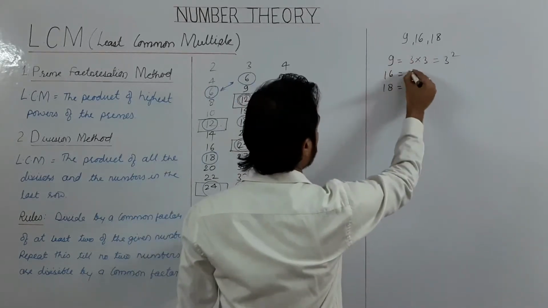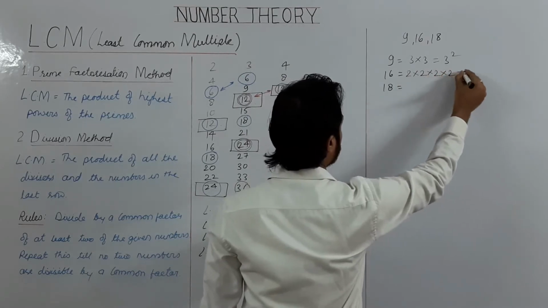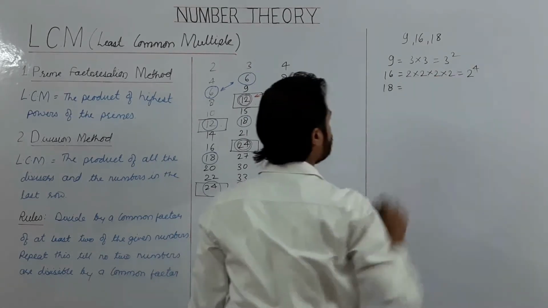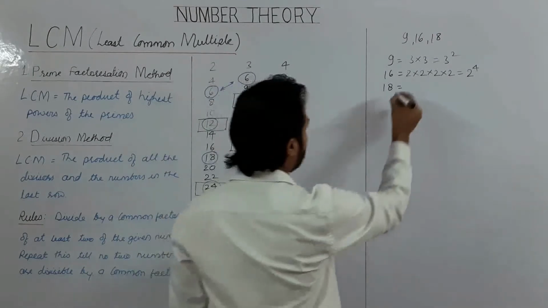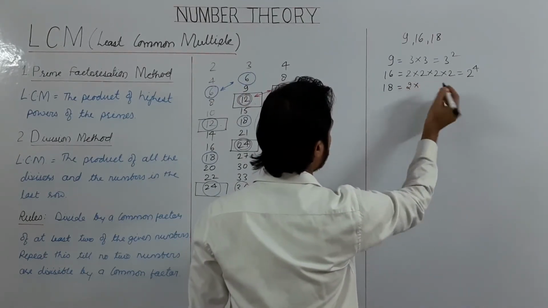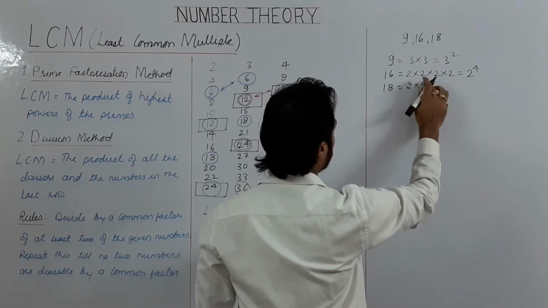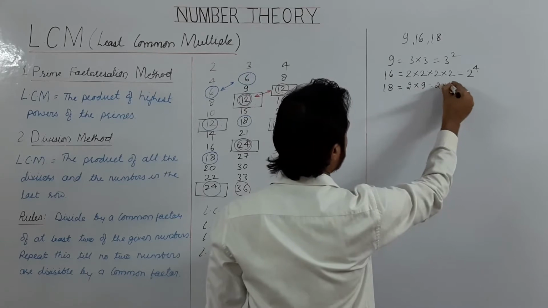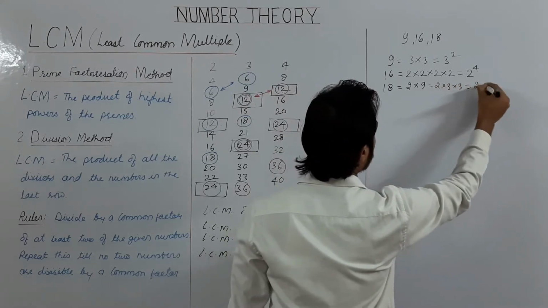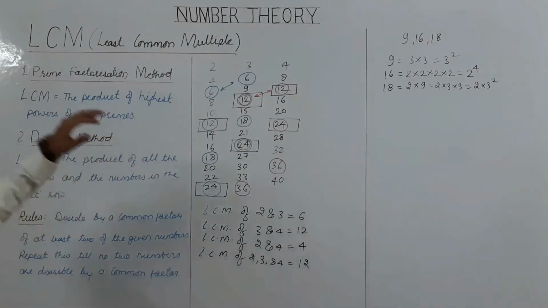For 16, 2 into 2 into 2 into 2 or 2 to the power of 4. And for 18, 2 into 9 or 2 into 3 into 3 or 2 into 3 to the power of 2. So these are factors of 9, 16 and 18.